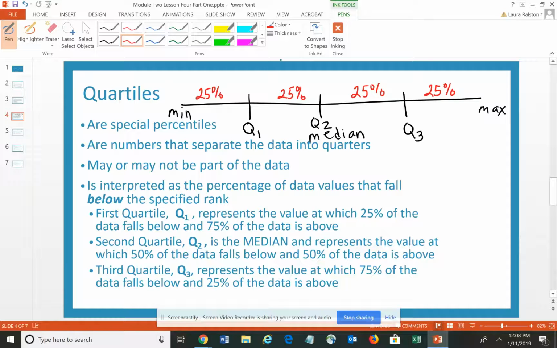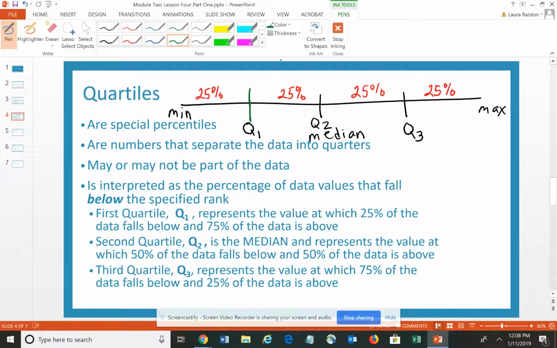And again, the important thing to remember is you always interpret it as the amount of data that falls below. So if I'm at quartile 1, then that means that there is 25% below that value, while there is 75% above.